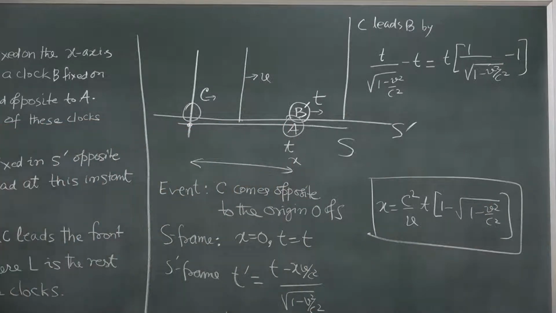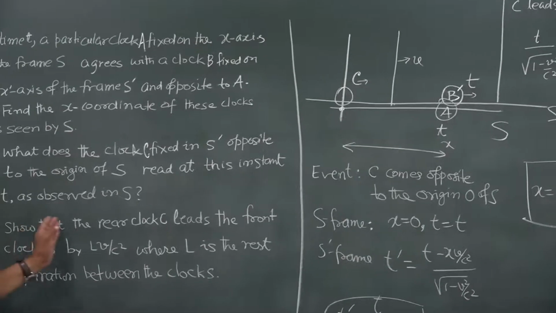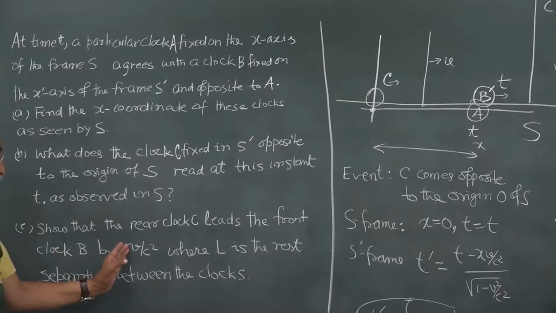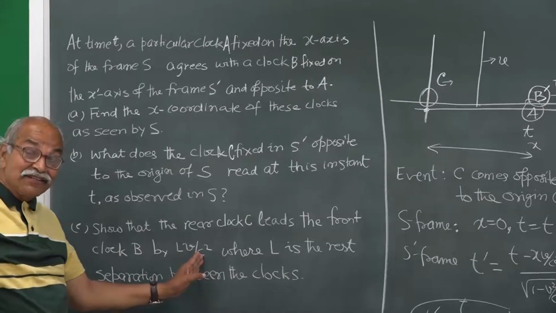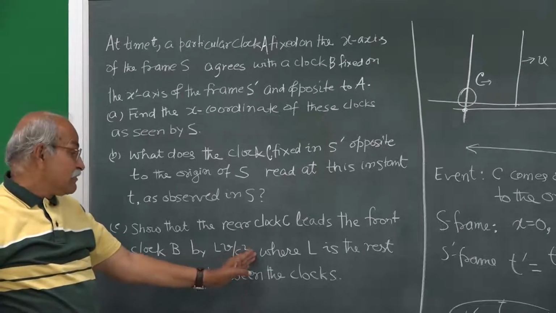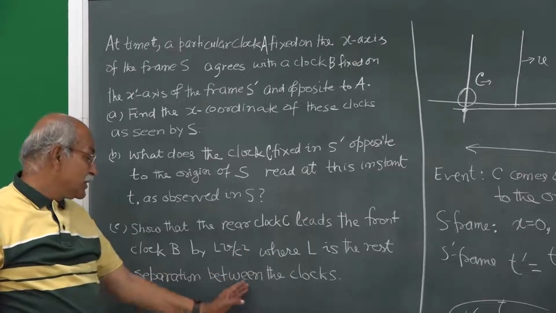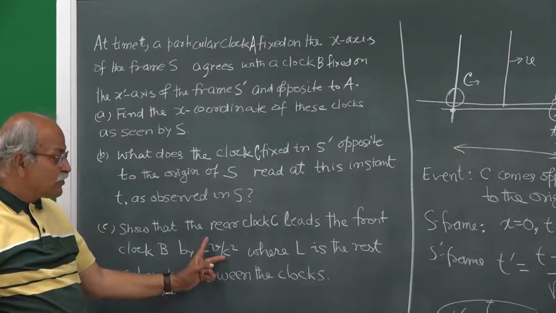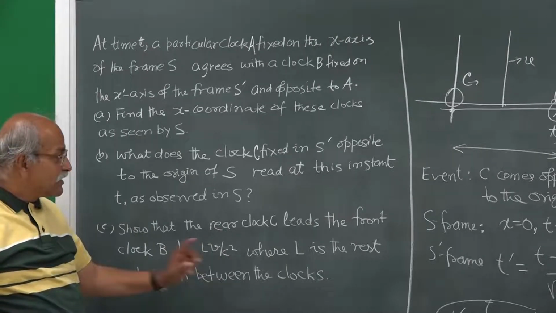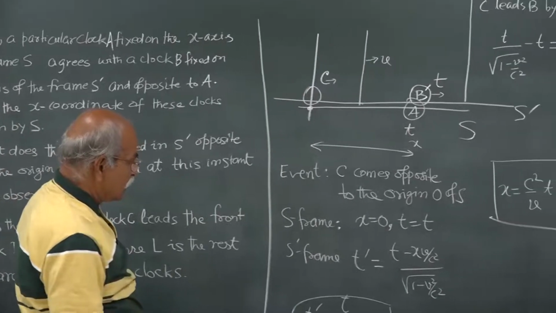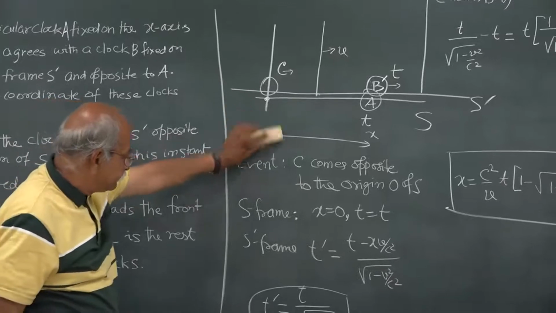And then you want to show that this rear clock C leads the front clock B by L V by C square, that we have studied in synchronization of clocks, where L is the rest length between the clocks. So let us calculate this L times V divided by C square. I think I can do it here.